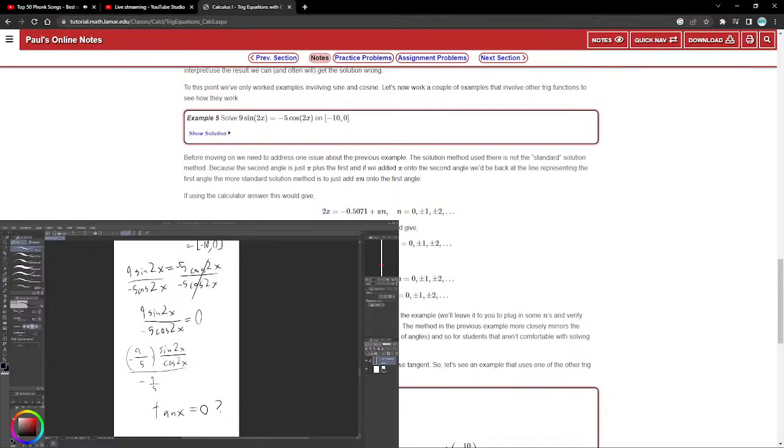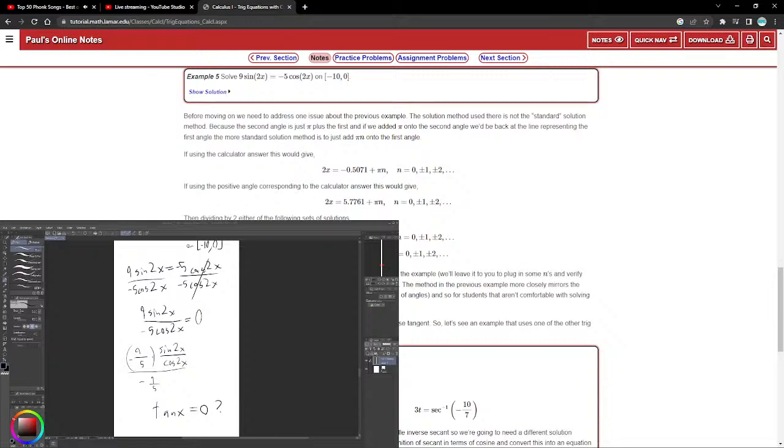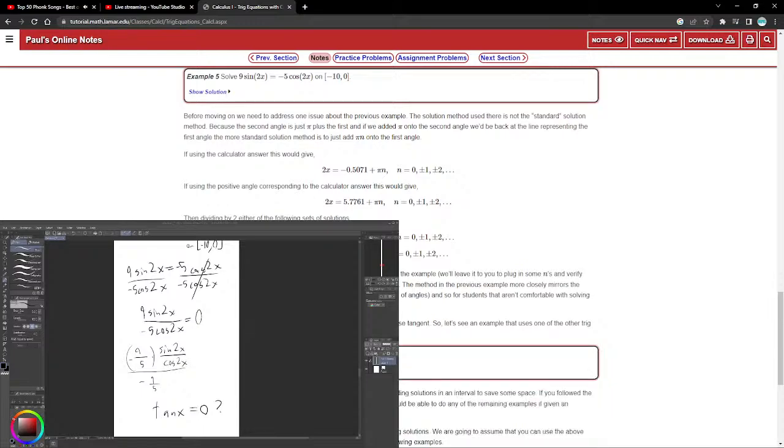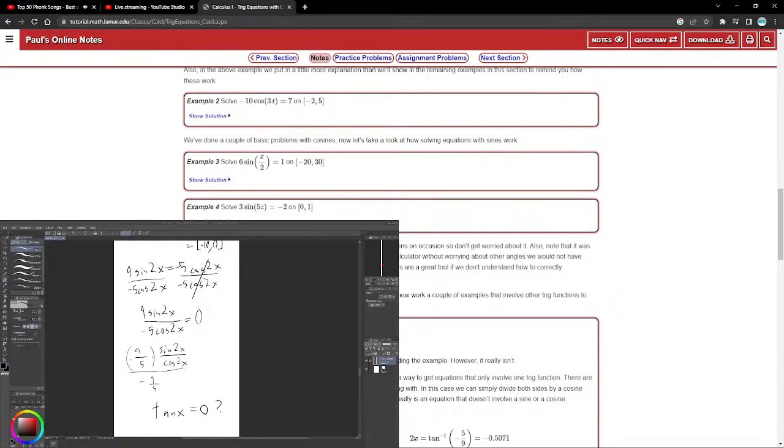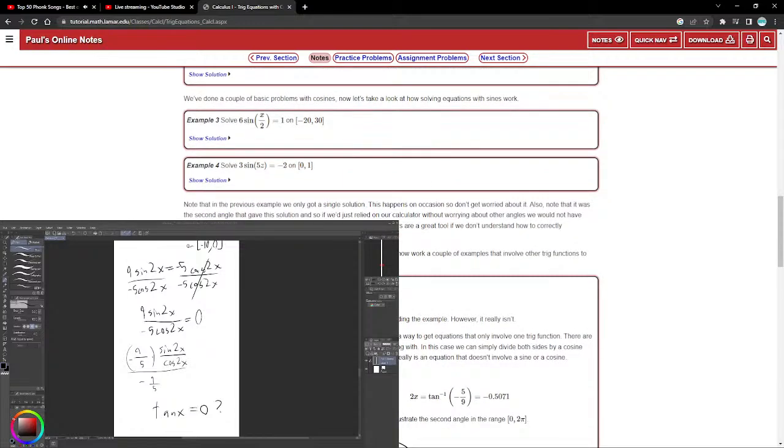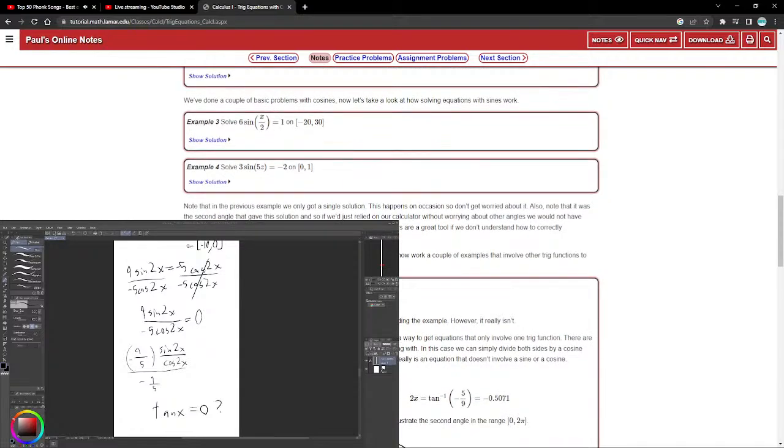Let's check out the first part of this. Okay, yeah, I definitely did something wrong. Or wait, it's example 6. Let's see. Okay, at first glance, this problem seems to be at odds with the sentence preceding the example. However, it really isn't. First, when we have more than one trig function in an equation, we need a way to get equations that only involve one trig function.